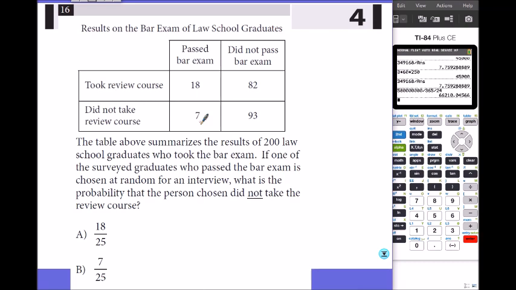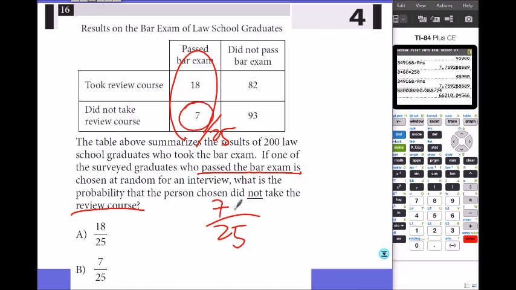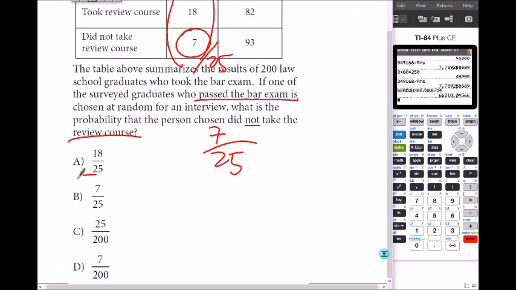If one of the surveyed graduates who passed the bar exam is chosen, which is a total of 25, what is the probability that the person chose not to take the review? That's 7. So it is 7 over 25, which is B.